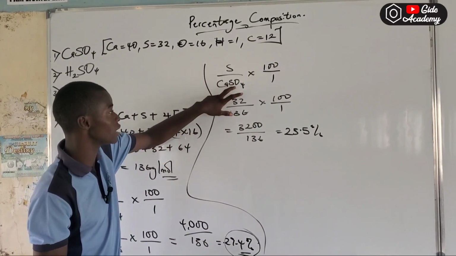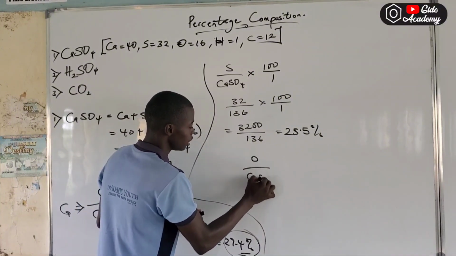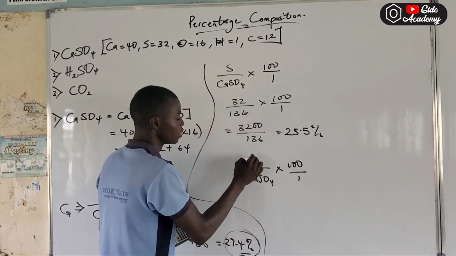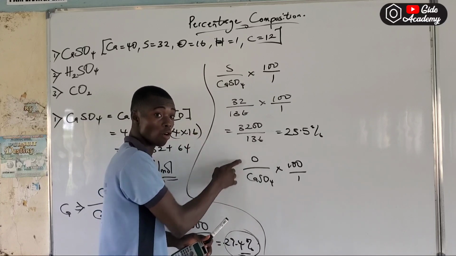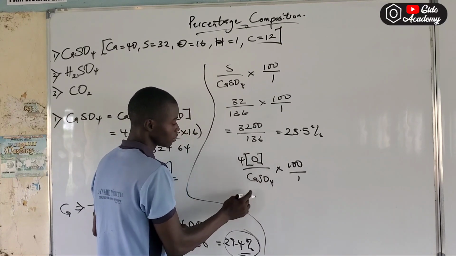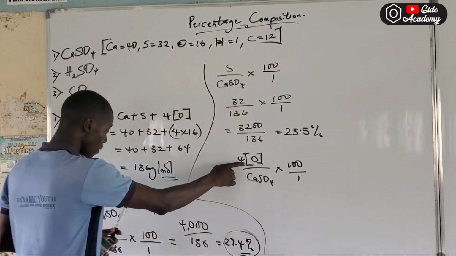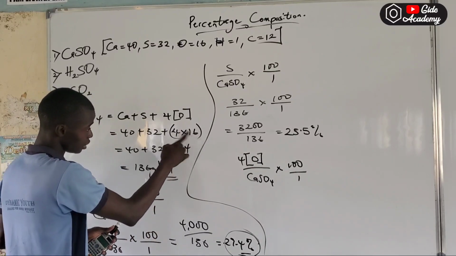So what is the percentage of oxygen? I write oxygen all over CaSO4 times 100 all over 1. If you have written something like this, that means you are wrong. Please, oxygen is not 1. We have 4 oxygen present here. So I'm going to have 4 oxygen divided by calcium sulfate times 100 all over 1. Oxygen is 16, so we just want to say 16 times 4.